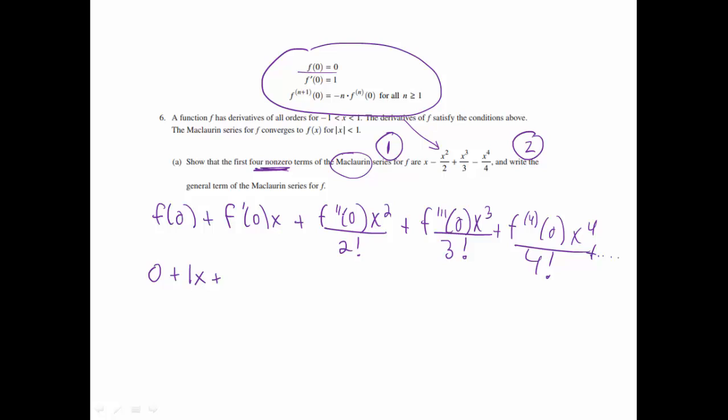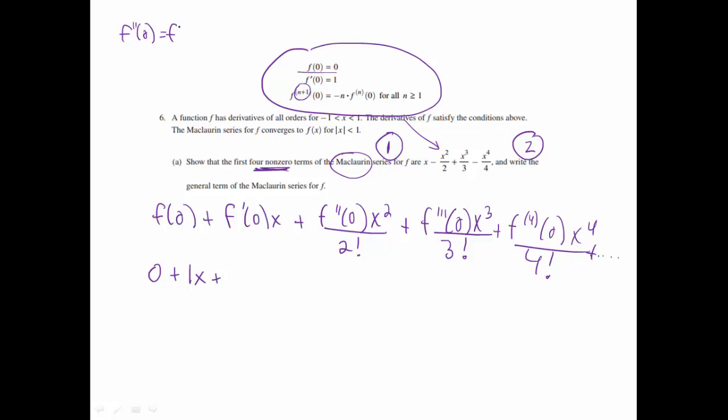Now they don't tell me any of those other derivatives, so I need to go find them. Okay, so to get the second derivative at 0, notice if I want the second derivative right here, I want this to say 2. The n would have to be 1.